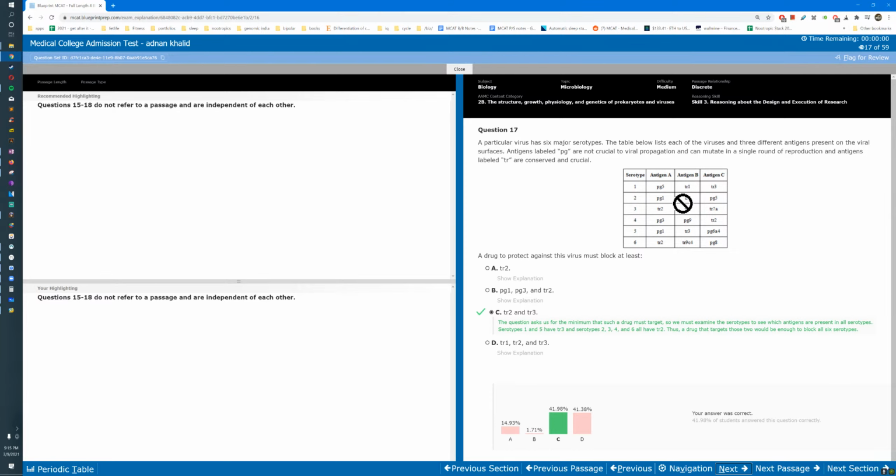Just look for what's there all the time or needed. So here we've got TR1, TR3. Here we have PG1, we have PG5 again, but we have TR2. Here we have TR2, TR1, no PG5, so PG5 doesn't matter. This just shows PG nothing matters.